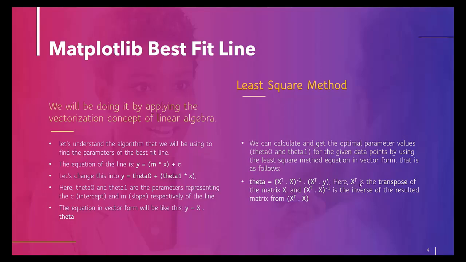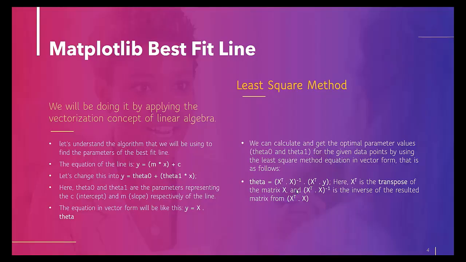Here X^T is the transpose of the matrix X, and (X^T X) to the power of minus 1 is the inverse of the resulting matrix for X^T into X. You have studied all these concepts in mathematics: what a matrix is, how we transpose it, and how we get the inverse of the matrix.